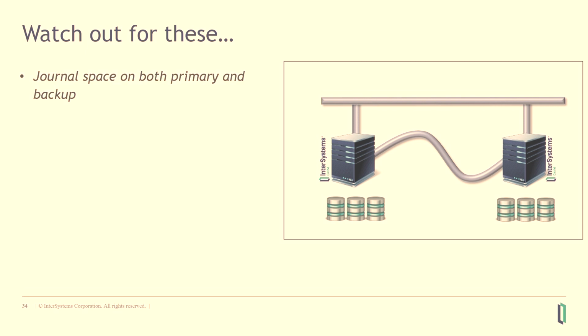So the first thing is journal space on both the primary and the backup. This becomes an issue because mirroring is very careful to make sure it has all the data so that backup and async members can keep up. So if you shut down an async member for maintenance, the primary will make sure to keep all the journal files so that the async can catch up eventually.